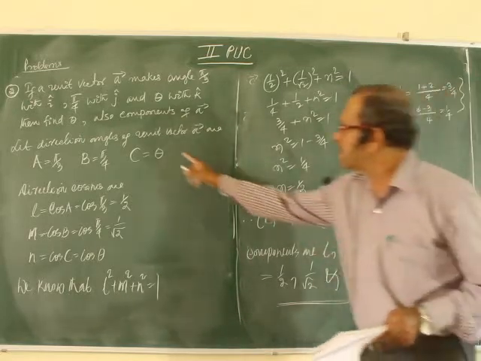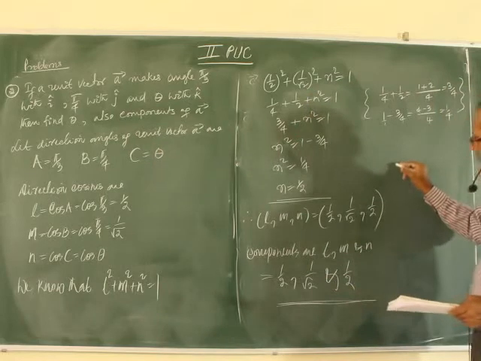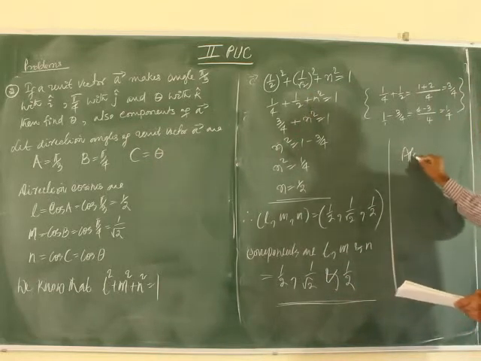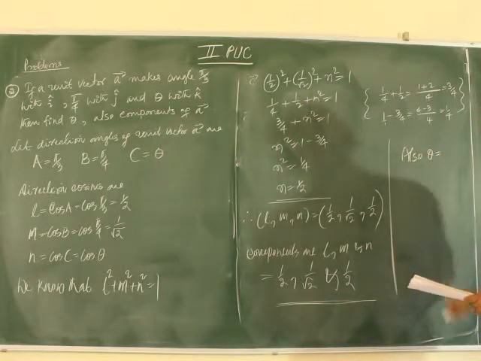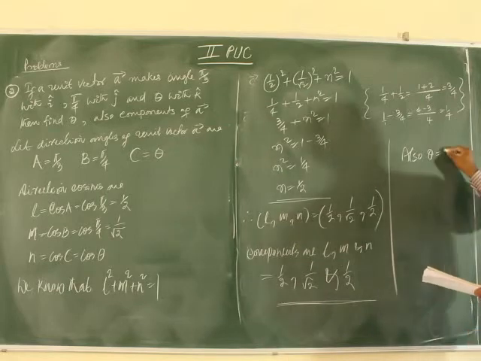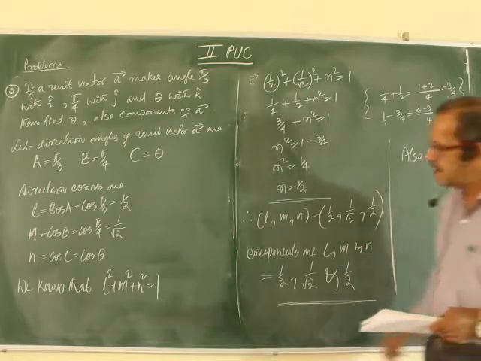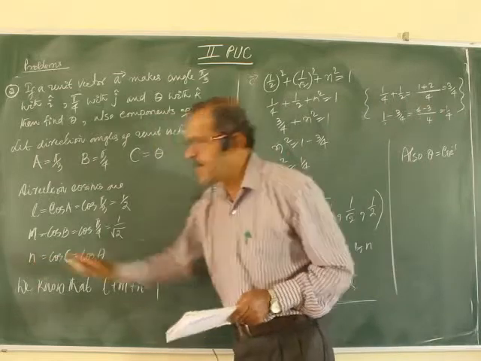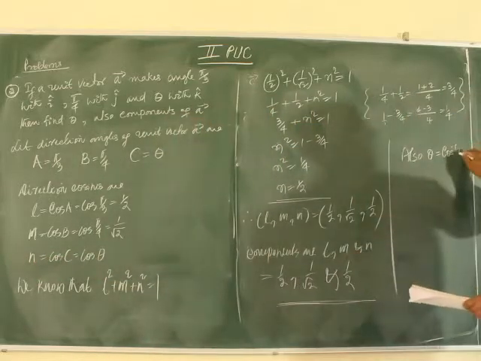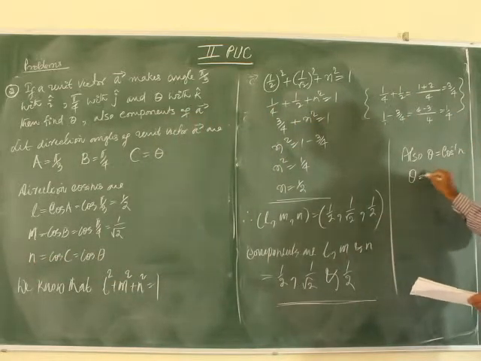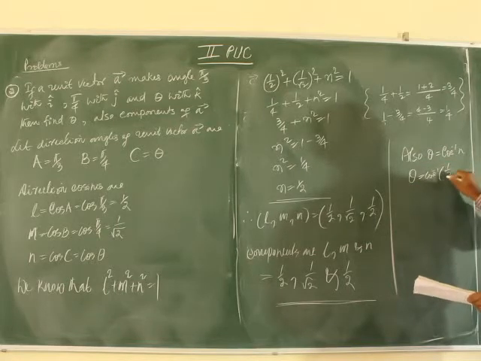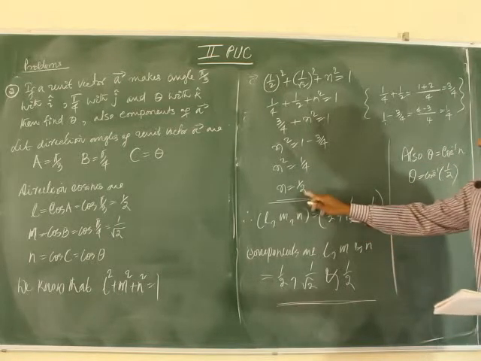What about theta? Theta equal to cos inverse of n, since cos theta equals n, which is equal to cos inverse of 1 by 2, because n is 1 by 2.